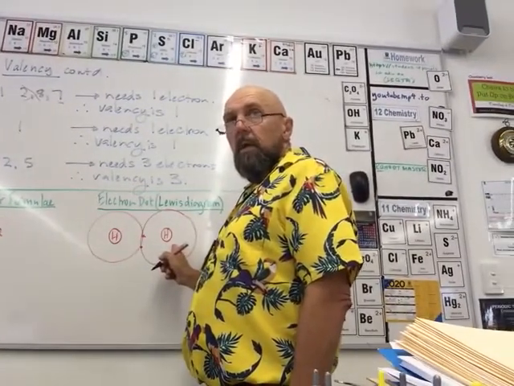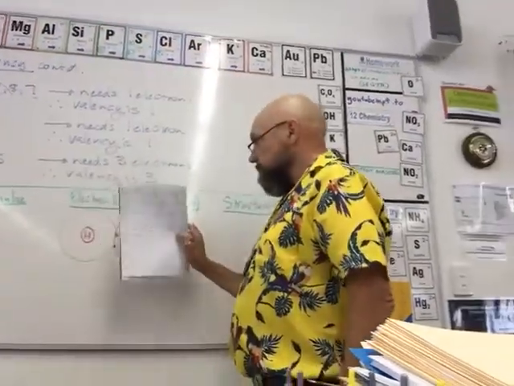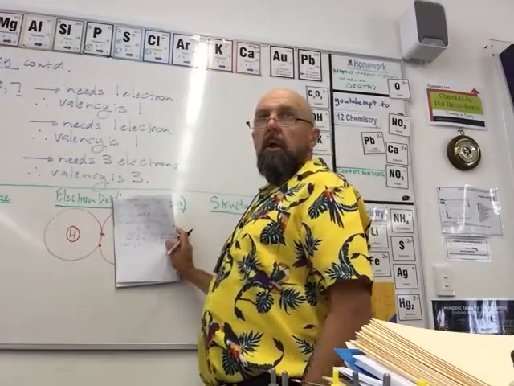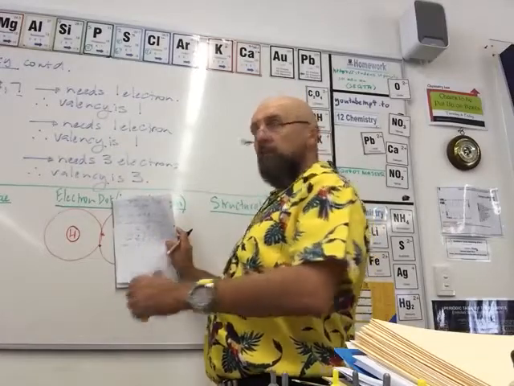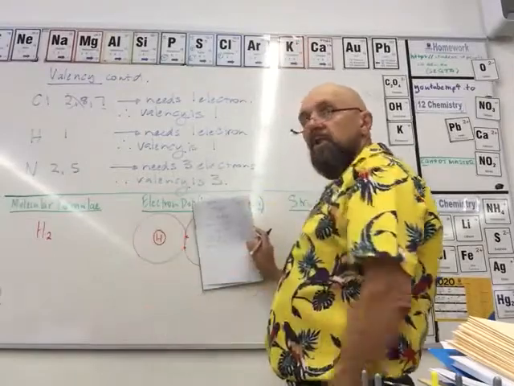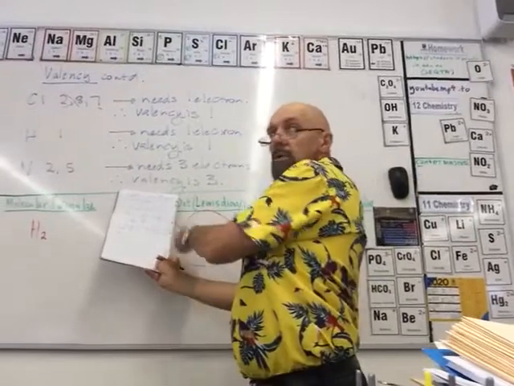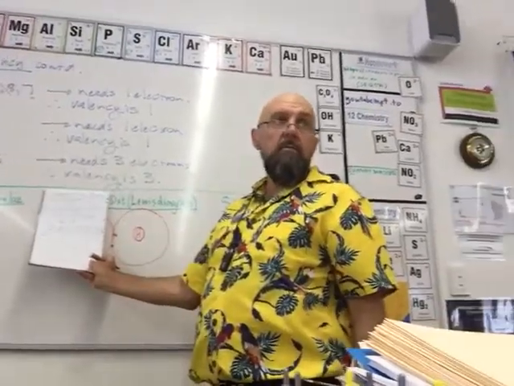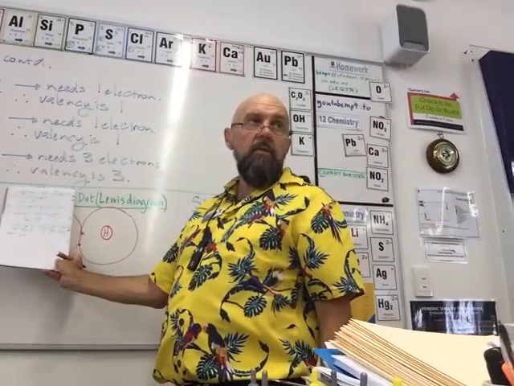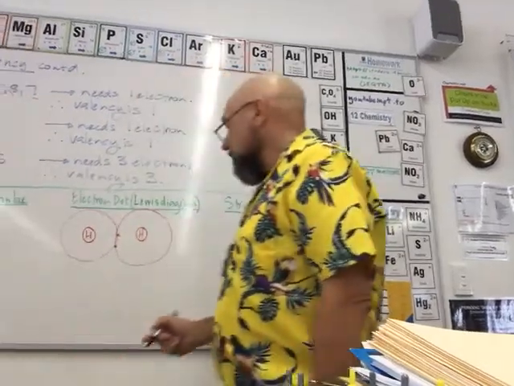If I hide that hydrogen and look at the number of electrons in the outer shell for hydrogen, it is 2. And for the first shell, that's stable. Everyone should be watching. That's stable.